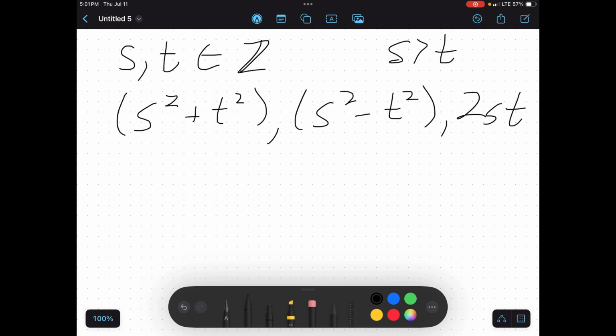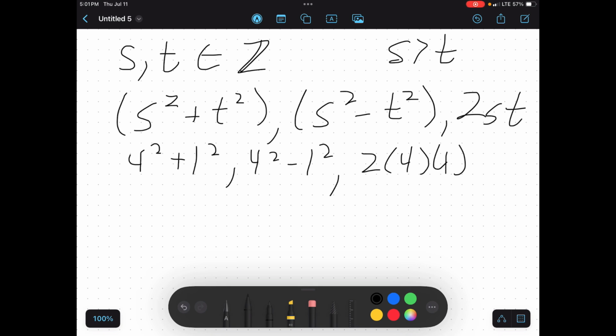So if I pick two values, I'm going to go with 4 and 1. If s is 4, we get 4 squared plus 1 squared, 4 squared minus 1 squared, and 2 times 4 times 1. 4 squared plus 1 squared, that's 17. 4 squared minus 1 squared, that's 15.